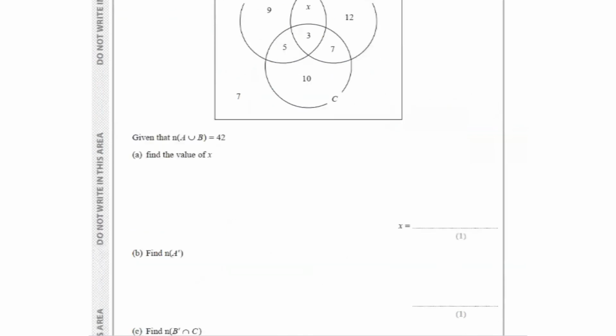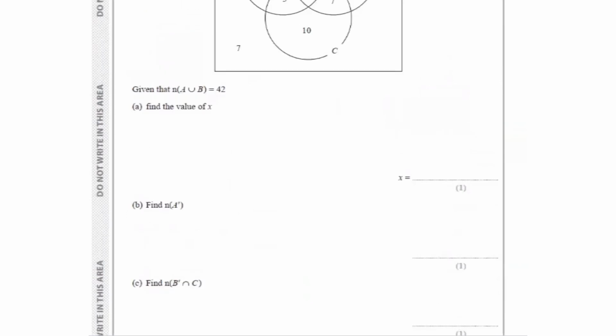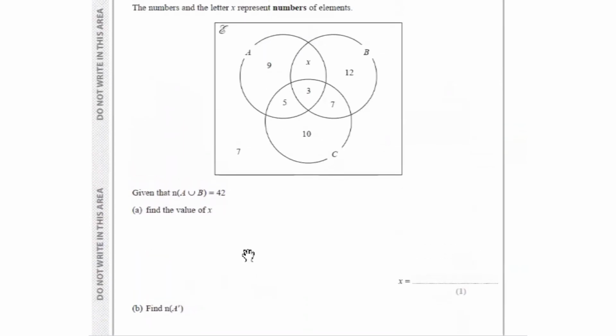Then it says find the number of A complement. A complement means the terms that are not a part of A. So terms that are not a part of A are these ones. That's 10 plus 7 plus 12, and this 7 as well, because this is also A complement.